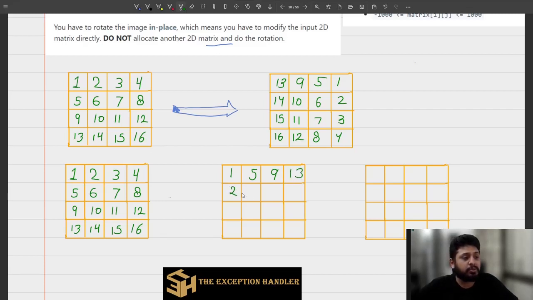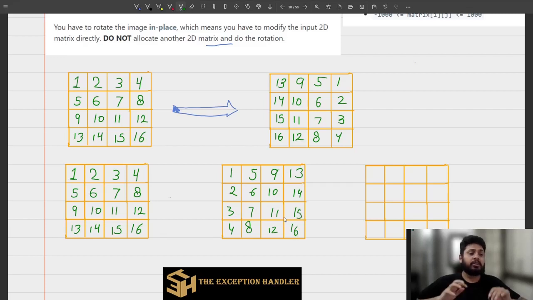Then 2, 6, 10, 14, 3, 7, 11, 15 and 4, 8, 12 and 16. Now this is my transpose. So in the first step I do a transpose of my original matrix.